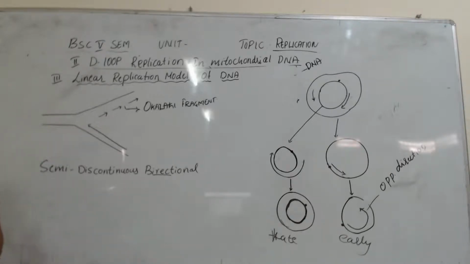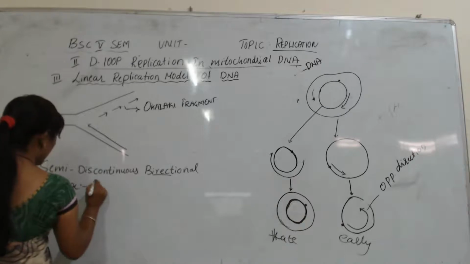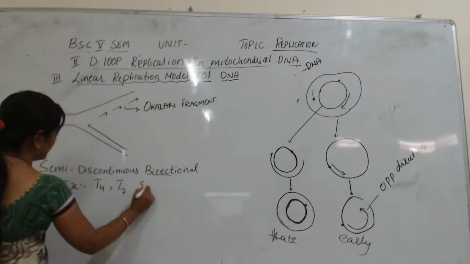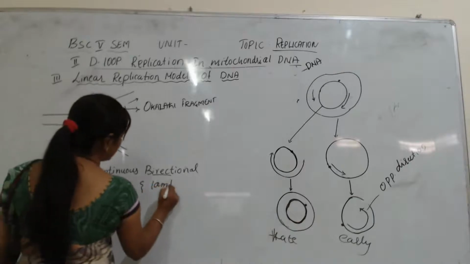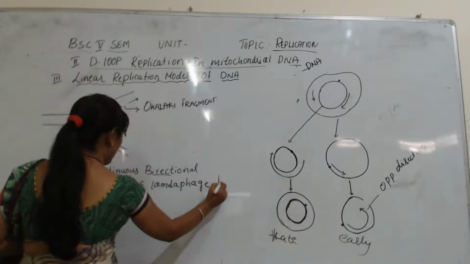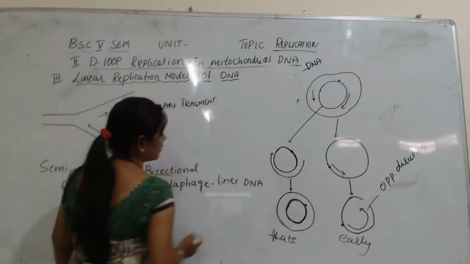Now the DNA which is going for replication. The DNA of eukaryotes, T4, T7, and lambda phages are linear. For example, we can see in T4, T7, and lambda phage, which show linear DNA.